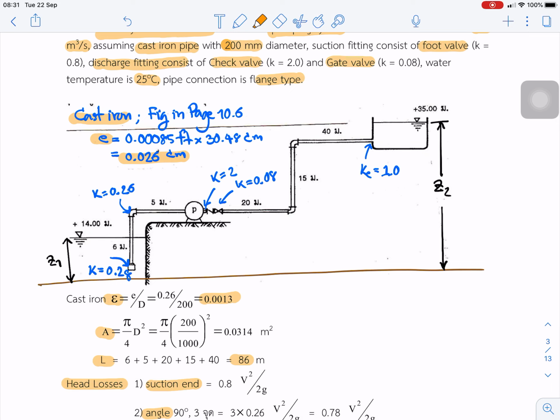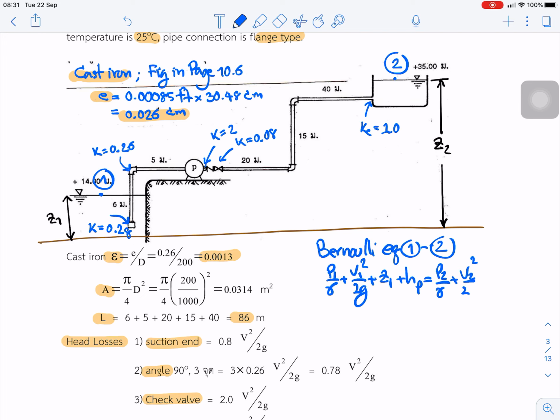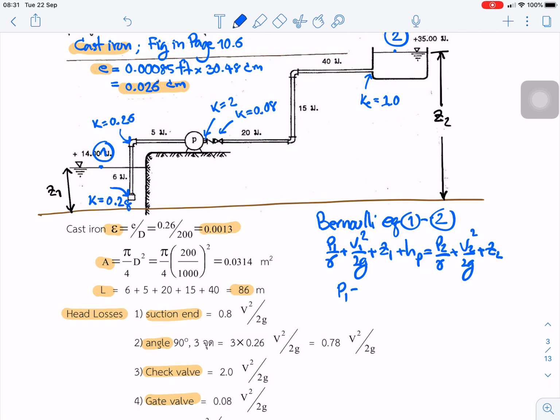For example, if we write the Bernoulli equation from point 1 to point 2, plus the head of the pump is equal to... in this case we say that P1 equals P2.